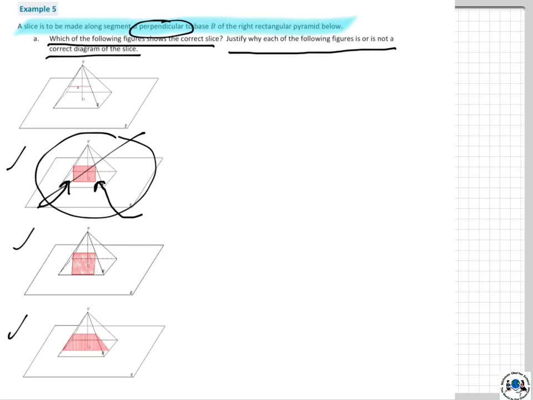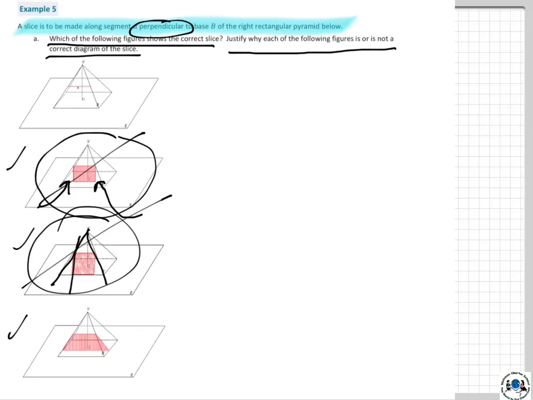Now the second one down here also is not a plane perpendicular to the base, because the marked rectangular region is in the same plane as the lateral face in which it lies. Okay, so here's this lateral face there.